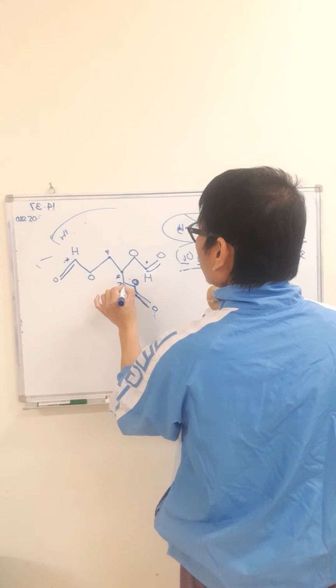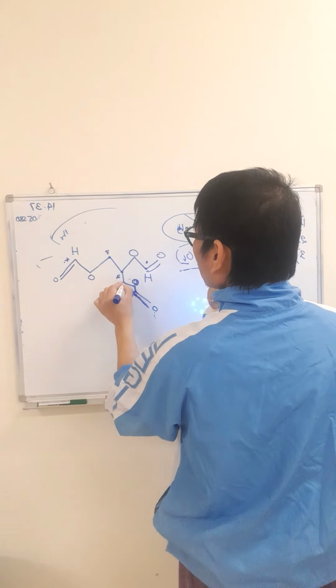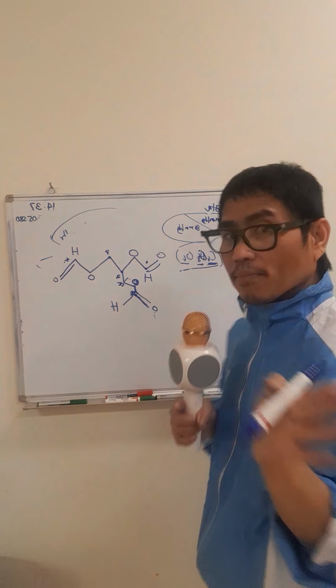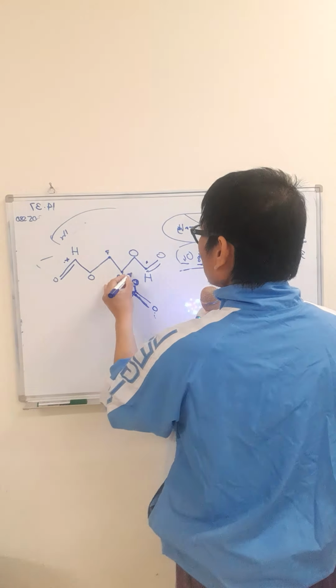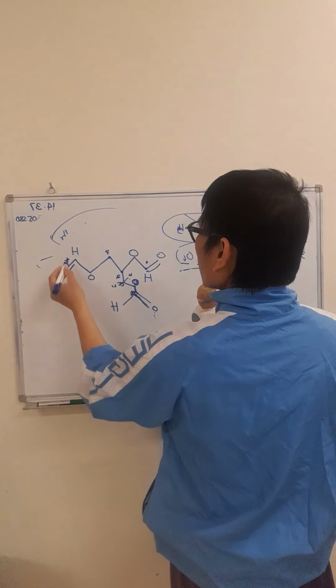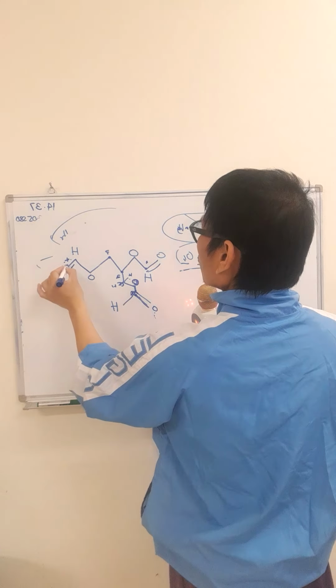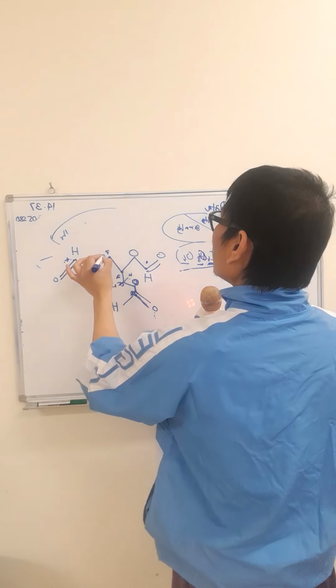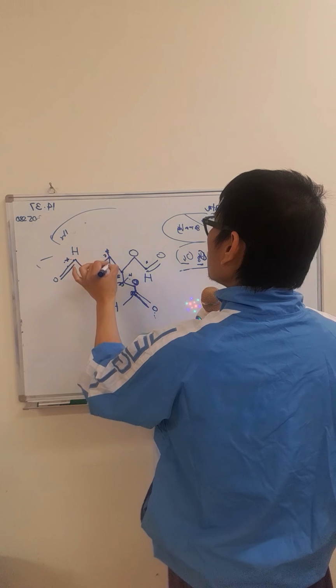Because this is a single bond, there is still another hydrogen here, hydrogen here, and still there's a carbon there. So 1, 2, 3, 4. That's correct. And here, there are also carbons, 1, 2, 3.